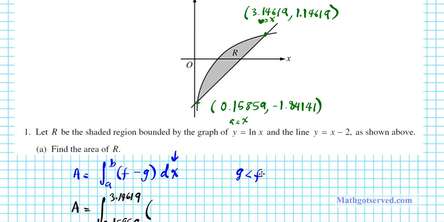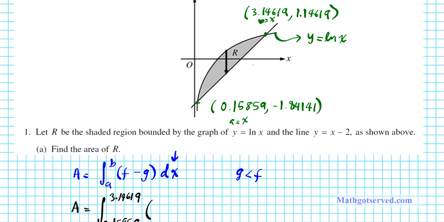Either g is to the left of f or is beneath f. Since we chose to slice in this direction, like this, what's on top, what's on the bottom? F is on the top and g is on the bottom. Okay, so let's label our functions too so we know which is which. This function that's curved right here is our logarithmic function, ln x.